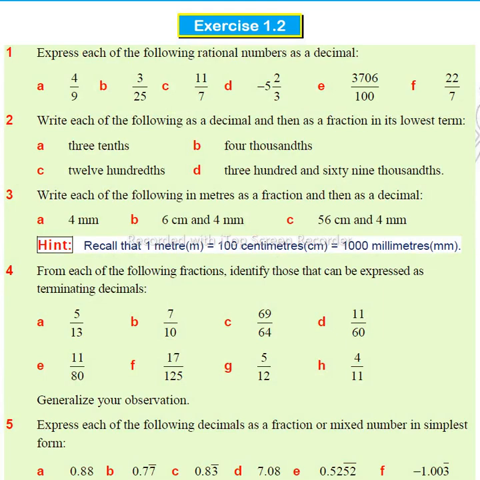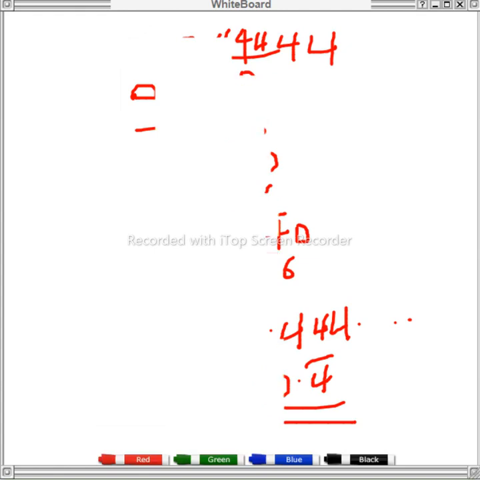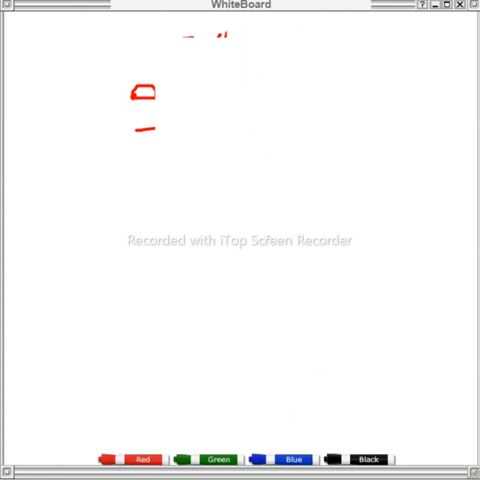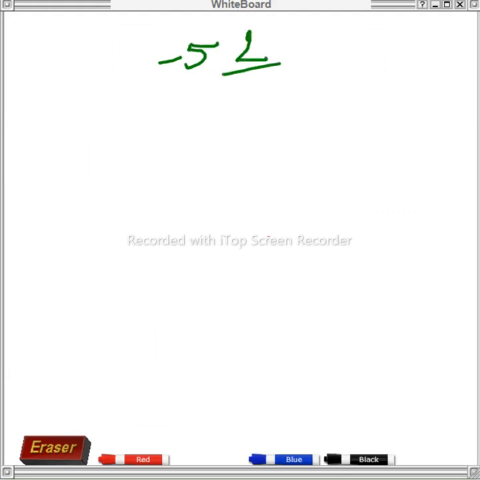Let us do D. First, D will be changed like this: 5 times 3 plus 2. We do it like that because it is a mixed fraction, so we will change it to a normal fraction. Minus 5, 2 over 3. Let us clear our whiteboard, and do minus 5, 2 over 3.